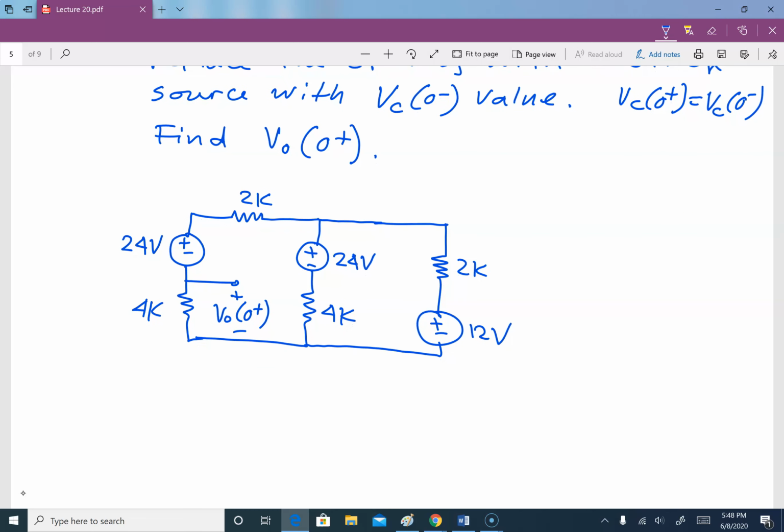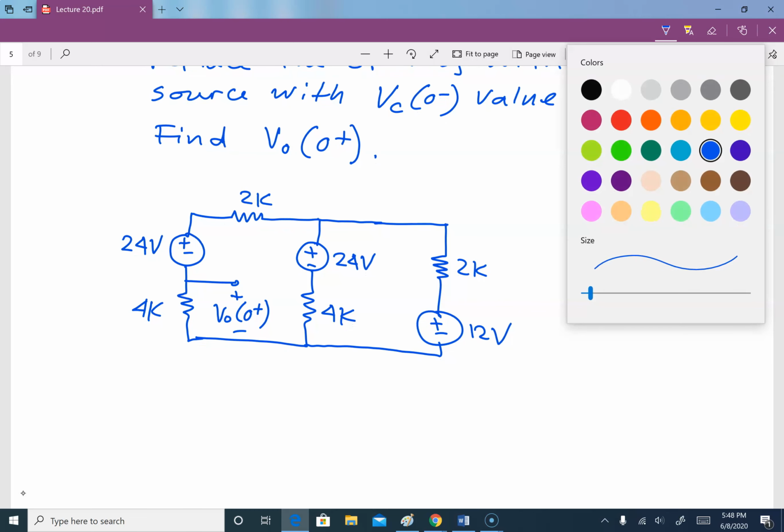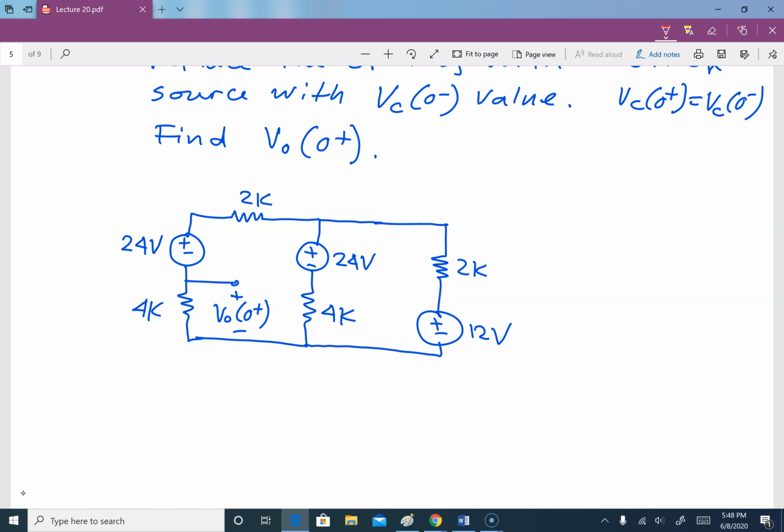So if I go with loop analysis, I can assign loop 1 over here, that is I1, and I can assign loop 2 over here, I2. Please pay attention that the direction of these currents is counterclockwise.